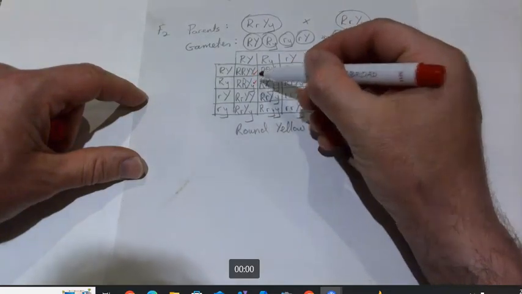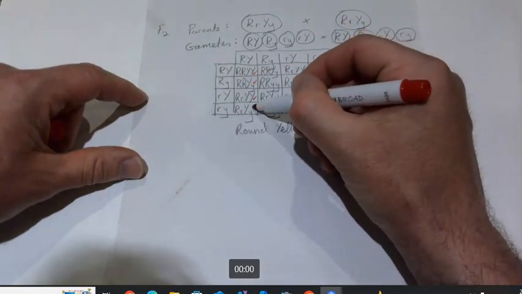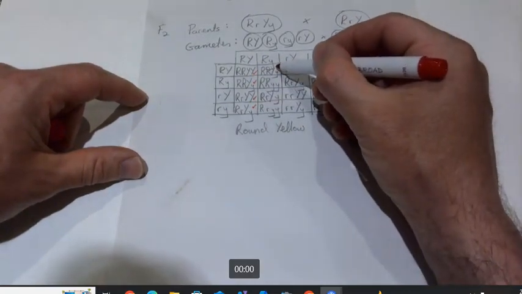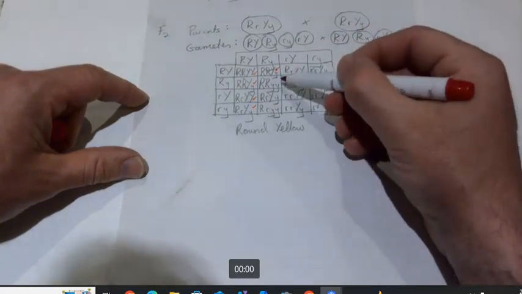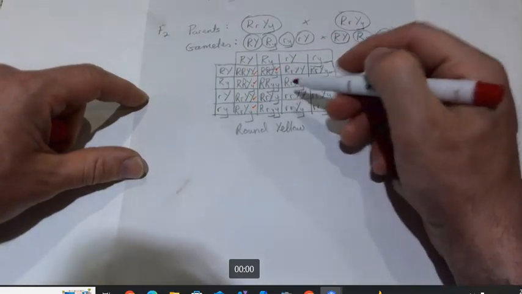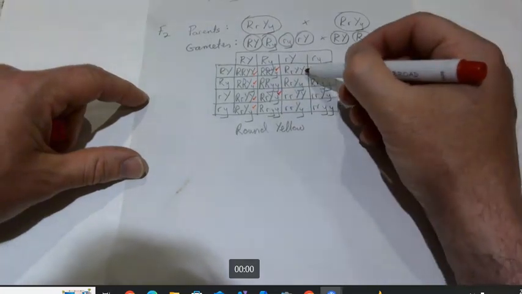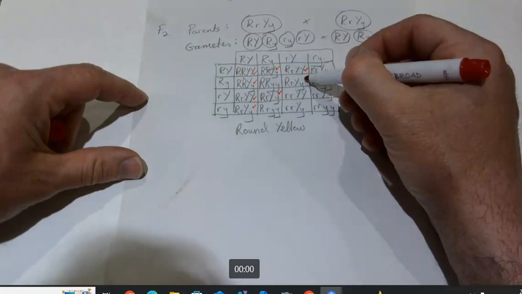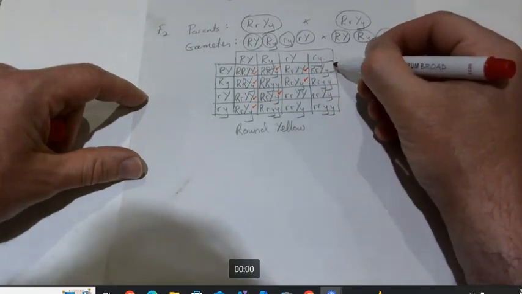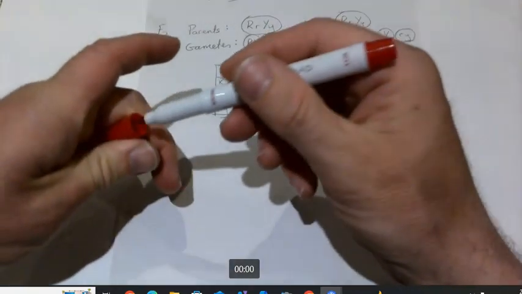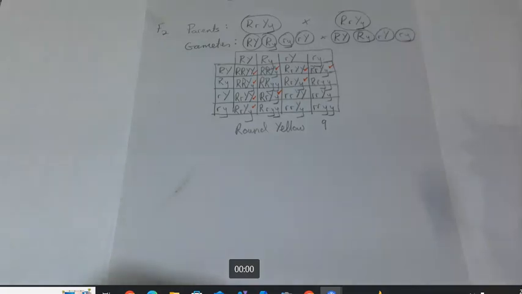So that's 1, 2, 3, 4, 5, not this one, because there's two small y's on that, 6, 7, 8, 9. So we have 9 round yellow plants.